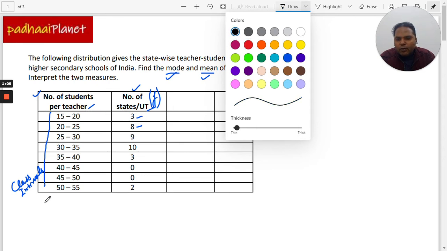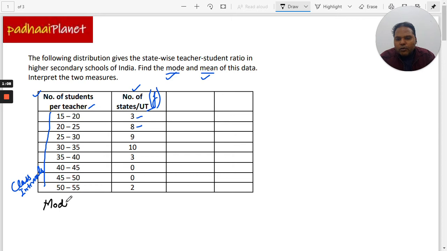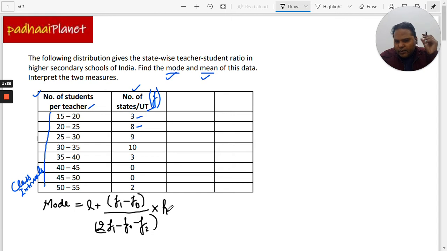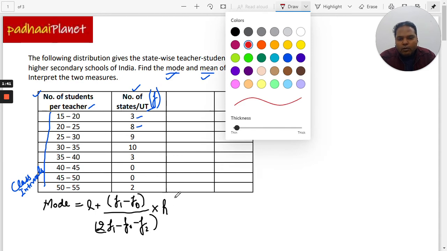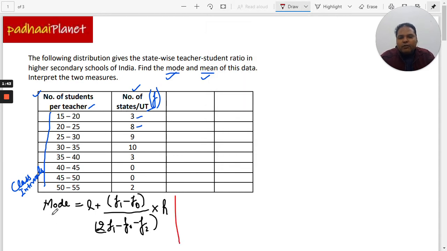We already know the formula of mode: mode is equal to L plus F1 minus F0, divided by 2 F1 minus F0 minus F2, and the whole thing gets multiplied by h. If we find all these values, we can easily find the value of mode.